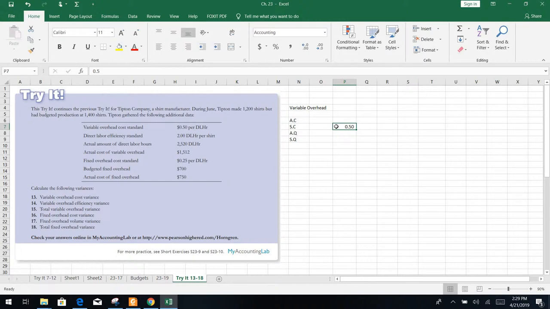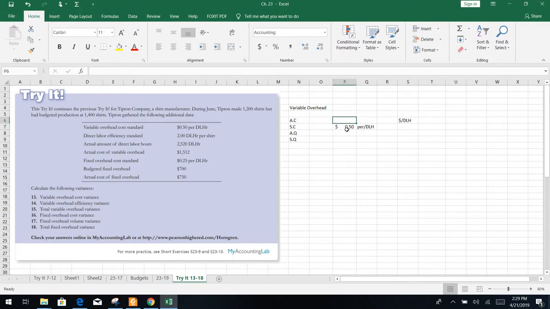This is a dollar value, and it's per direct labor hour. Whenever you see a per, that means divided by. So in order to get this 50 cents, we took a dollar amount and divided it by a direct labor hour amount. In order to get this AC, we're going to have to do exactly the same thing.